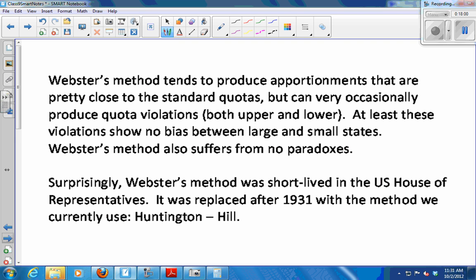So occasionally you'll get a quota violation, but it's not like large states will always get the benefit or small states will always get the benefit. It also suffers from no paradoxes like Hamilton's method. But surprisingly, it was short-lived. It was replaced after 1931 with the method we currently use, which is called Huntington-Hill.